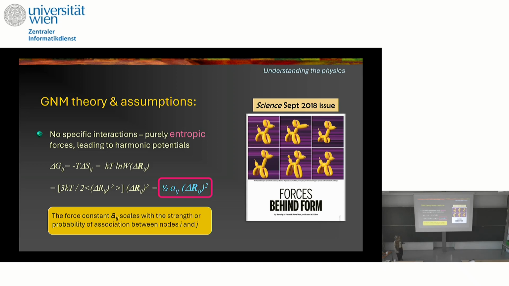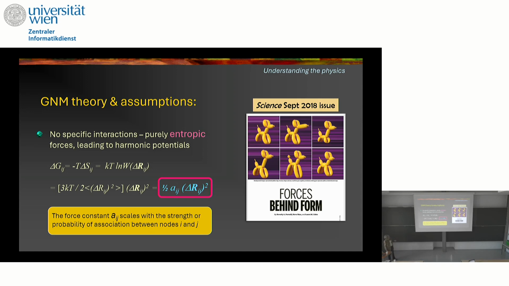In the chemistry community, they like to call it harmonic potentials. In solid-state physics, we like to talk about forces. There was a special issue of Science in 2018 talking about how forces are behind form, dictating the function.